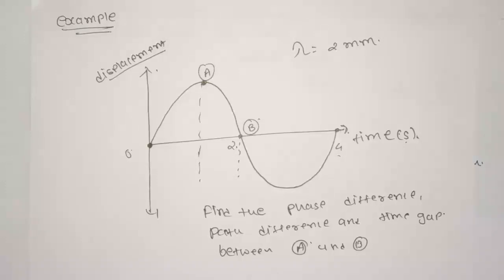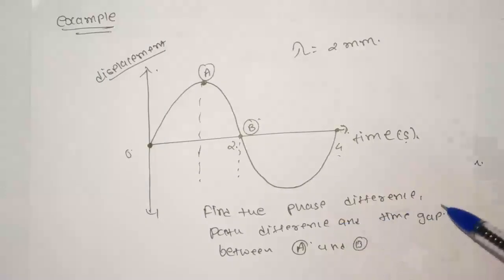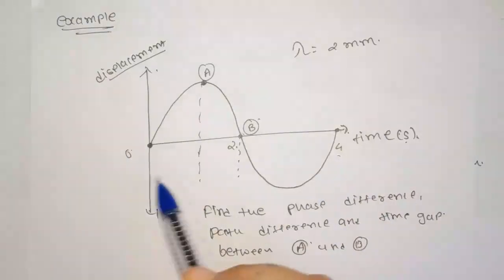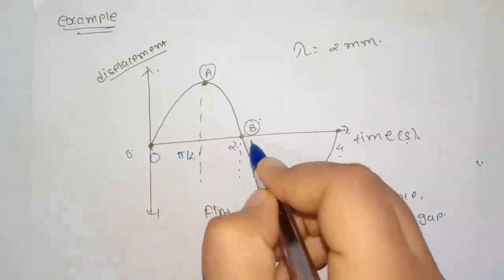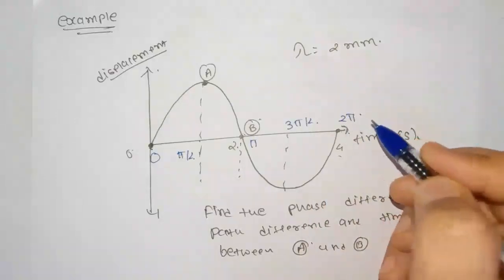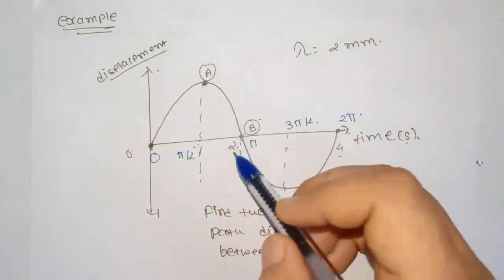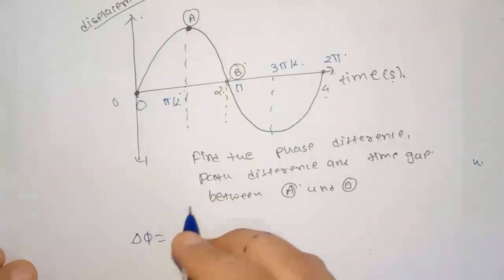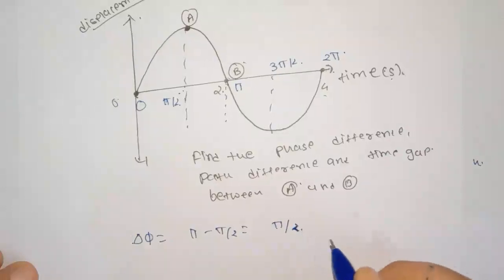There are 2 points on the graph, A and B. We want to find the phase difference, path difference and time gap between A and B. Here if we write angles, then this angle will be 0, this will be pi by 2, this will be pi, this will be 3 pi by 2 and this will be 2 pi. So clearly the phase difference between A and B is pi by 2. So delta phi will be equal to pi minus pi by 2, that is equal to pi by 2.